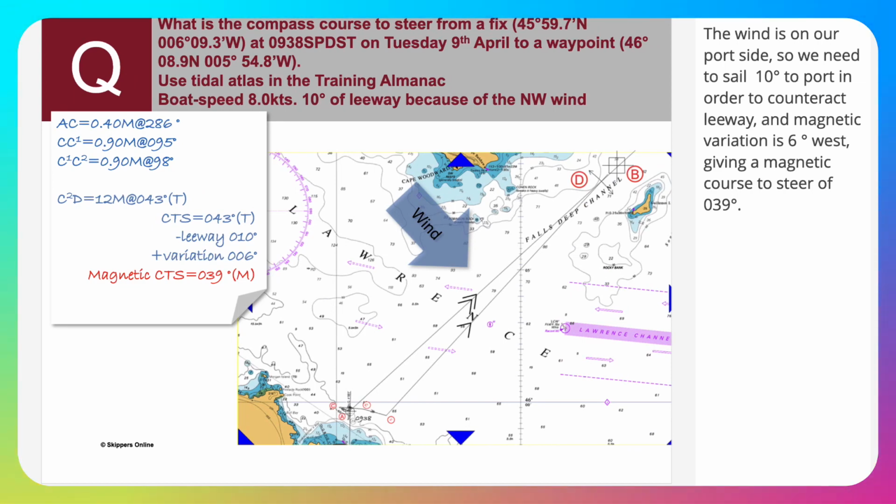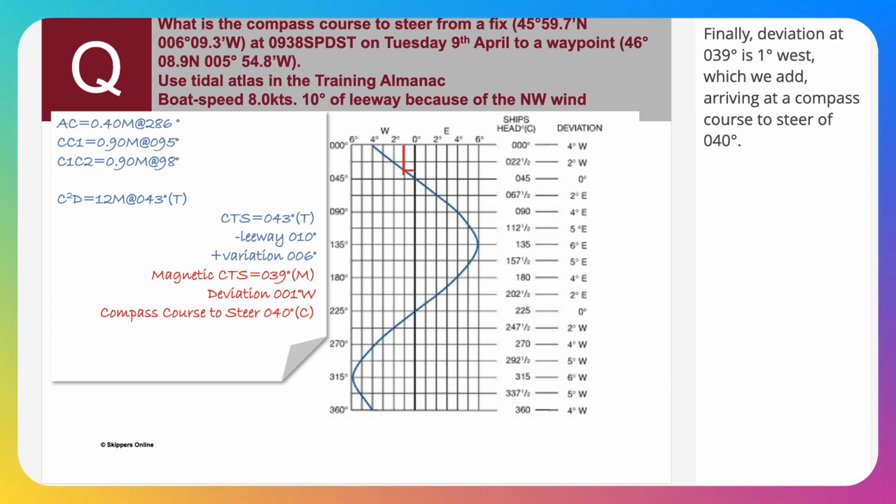The wind is on our port side, so we need to sail 10 degrees to port in order to counteract leeway, and magnetic variation is 6 degrees west, giving a magnetic course to steer of 039 degrees. Finally, deviation at 039 degrees is 1 degree west, which we add, arriving at a compass course to steer of 040 degrees.